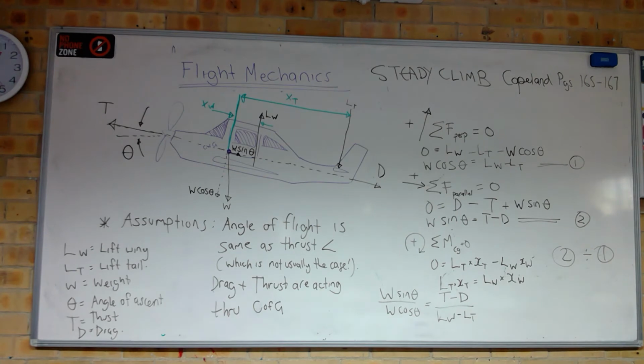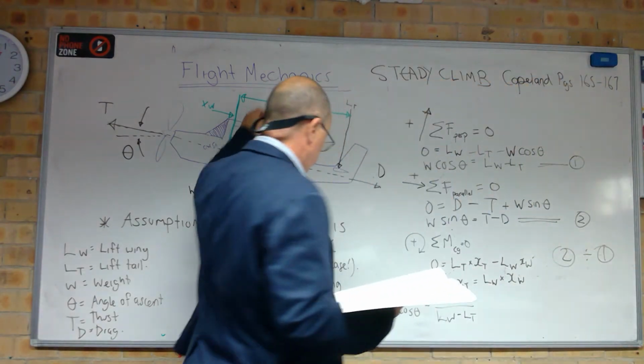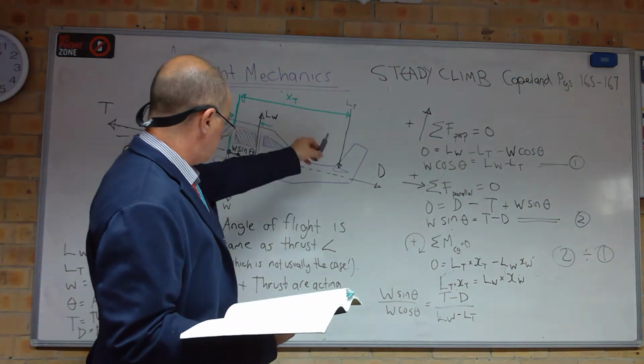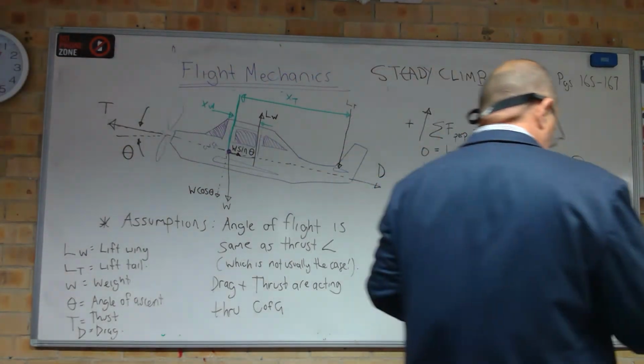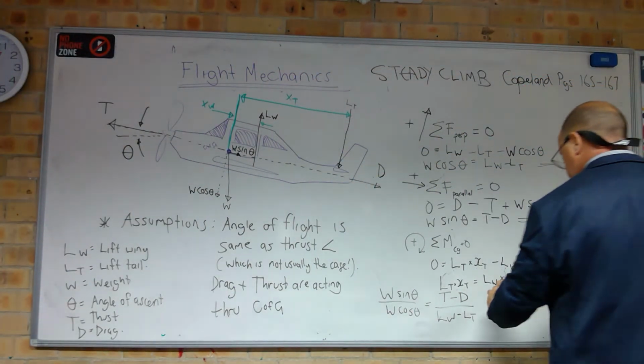Okay? And we know that LW minus LT is going to be the total lift, because the total lift is those two vectors, one going down, one going up. Okay, so we can simplify this equation.